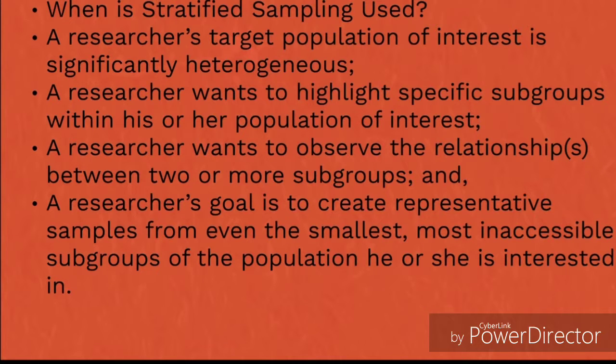A researcher wants to observe the relationship between two or more subgroups. And number 4. A researcher's goal is to create representative samples from even the smallest, most inaccessible subgroups of the population he or she is interested in.